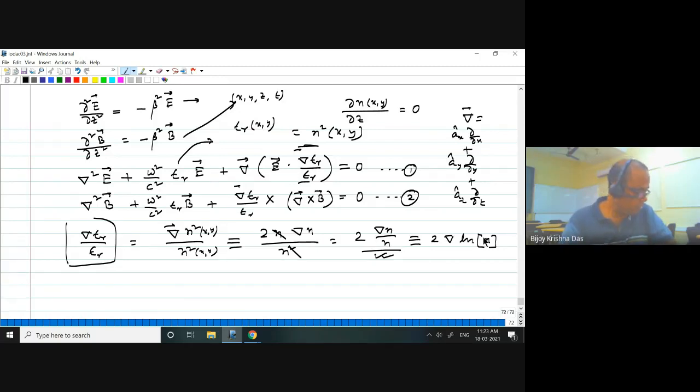Okay. So now again, I know that this is del x, del y, del z. So if I try to find out the value of this one, I can write ln n(x,y) simply like this.